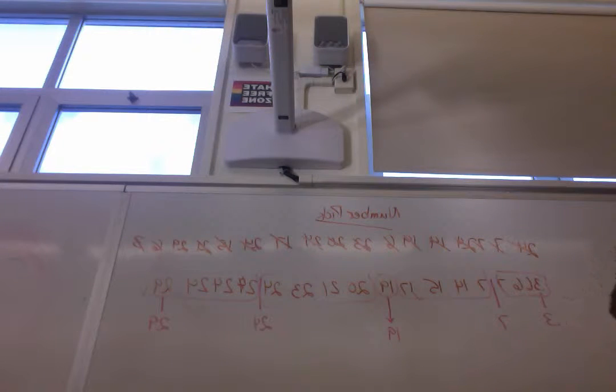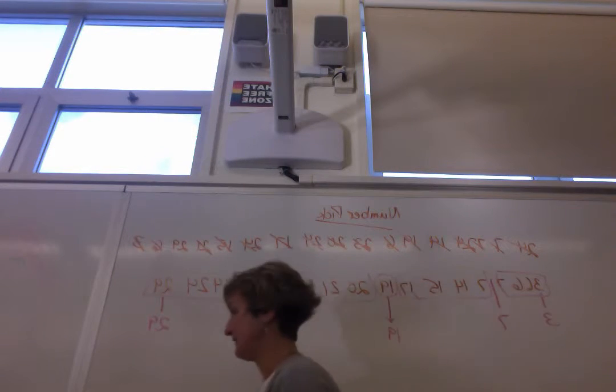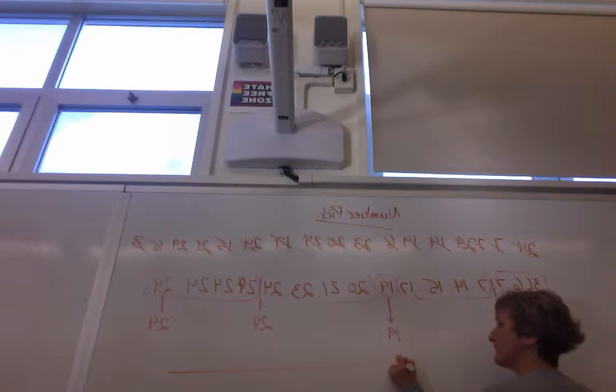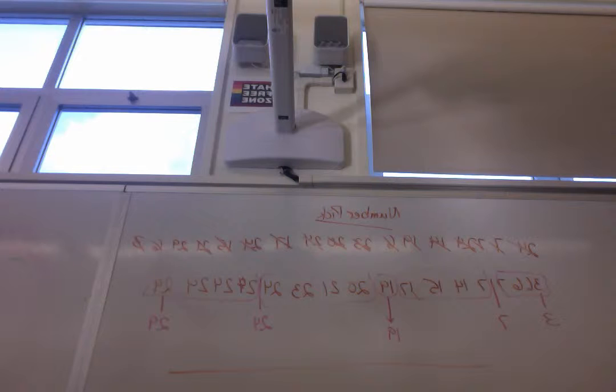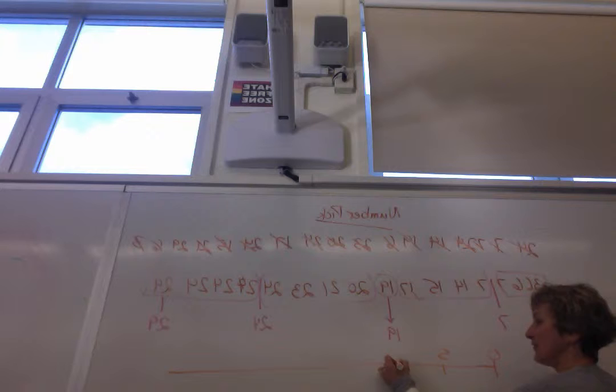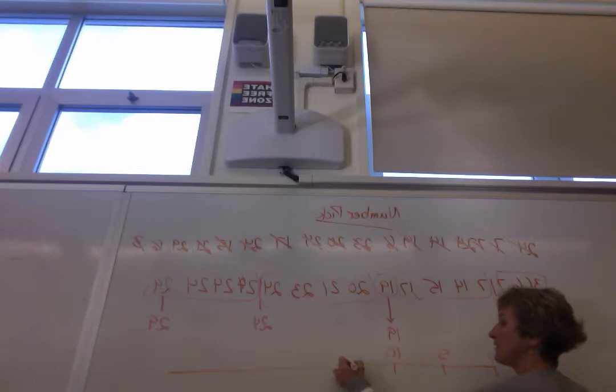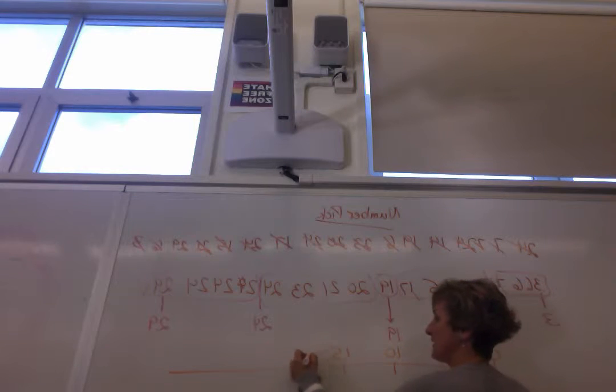All right, so now we need a new number line. I'm not going to go by each number. I think by 5s is good. Don't you? 0, 5, 10, 15.